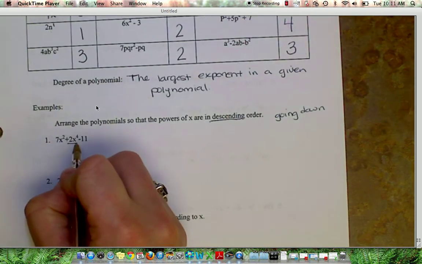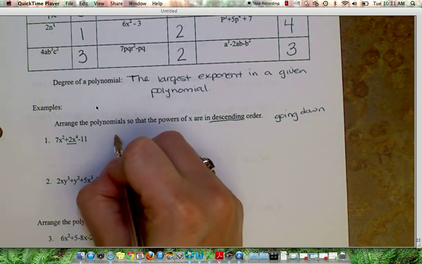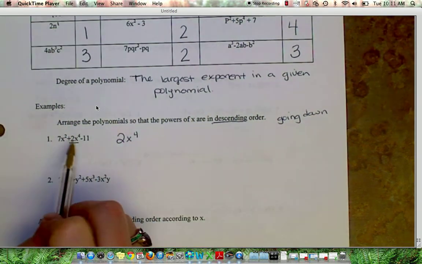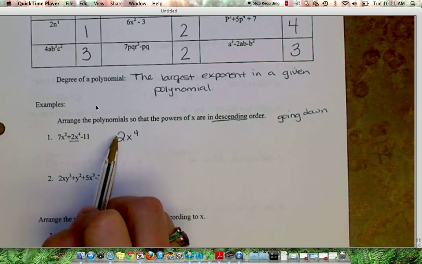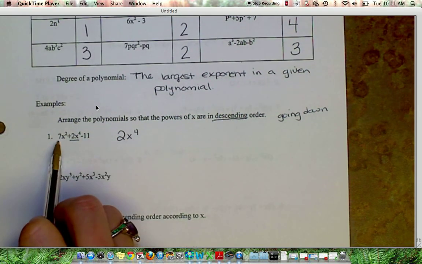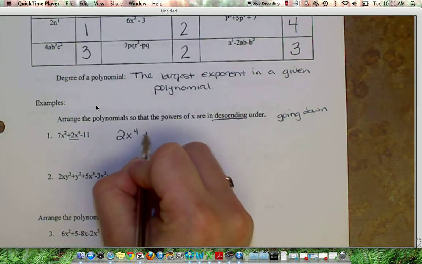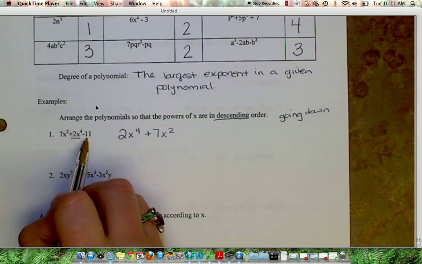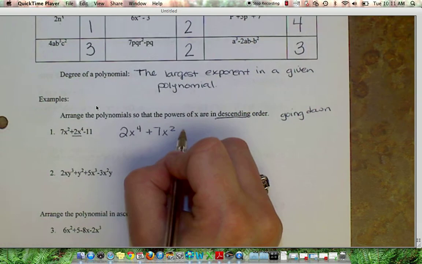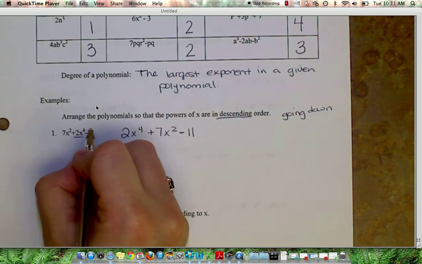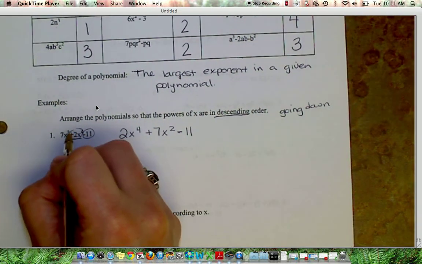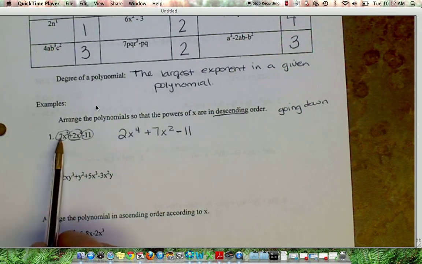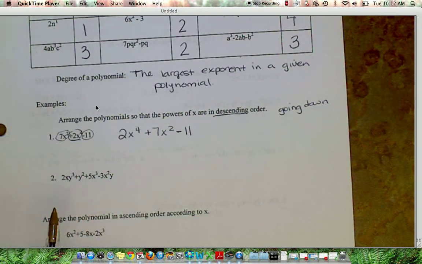So for example, this has the highest exponent, so we write that first. It's a positive 2x to the 4th, so we make sure it stays positive. Then the 7x squared is next, and it's positive, so we write plus 7x squared. And then the 11 has no variables on it, so it's last, minus 11. You always use the sign in front of it, so the sign follows along with it.